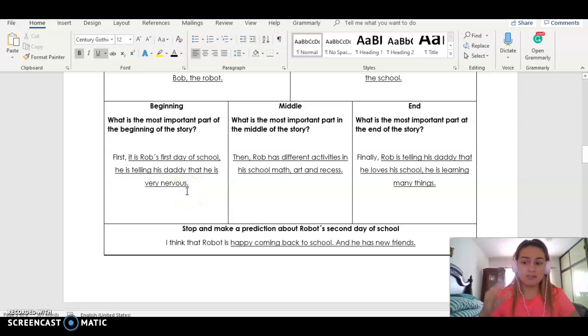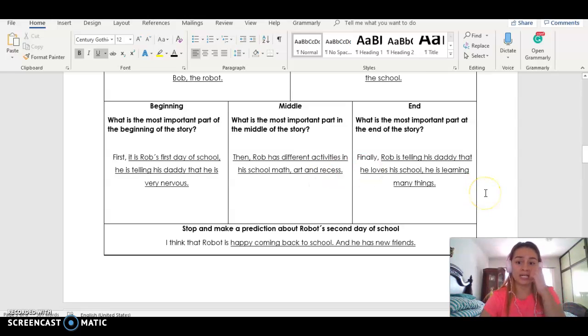Okay? So if you have in your writing, in your reading activity, something very similar, it's okay and you can check it. Now in the middle, we said that the most important part of the middle of the story is that Rob has different activities in the school, like math, art, and recess.